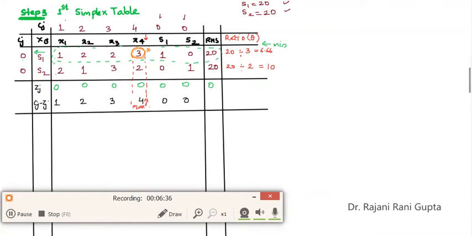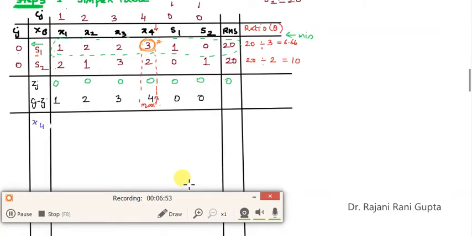So let's do the calculation. As x4 is taking the place of s1, in the new table we will write x4, and s2 will be the same. There is no change in the variable s2. Now we start working with the row for x4.